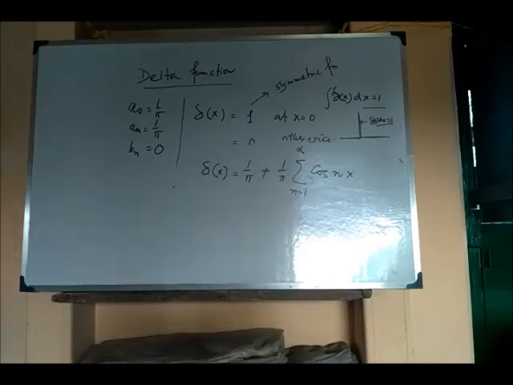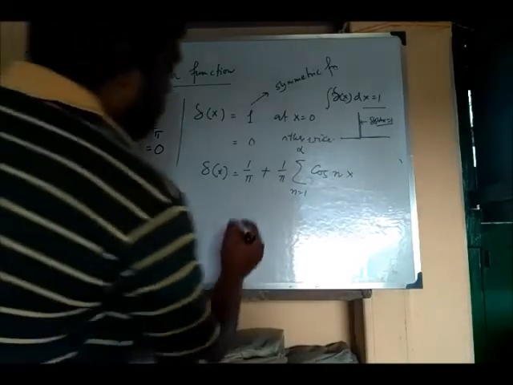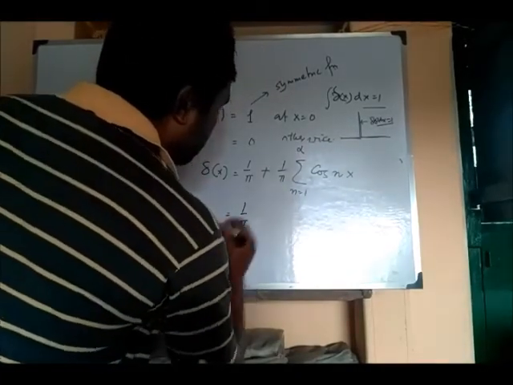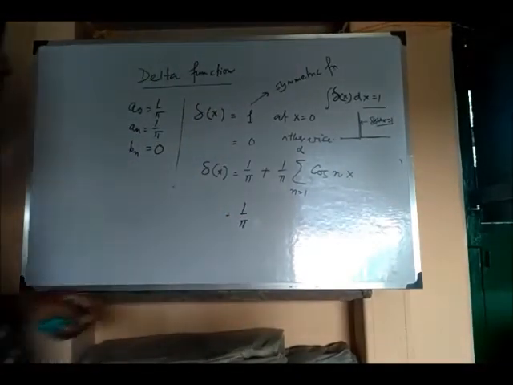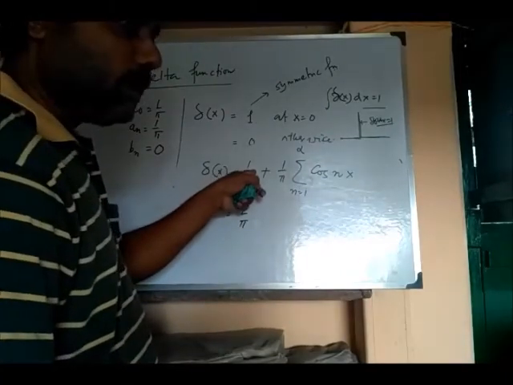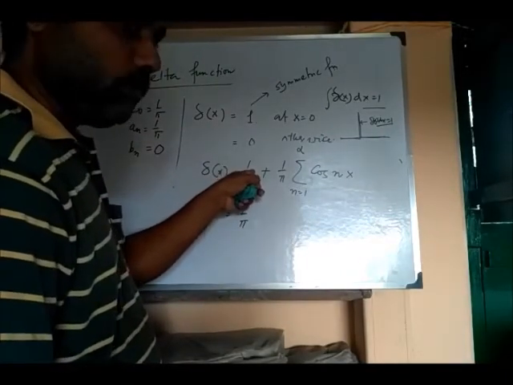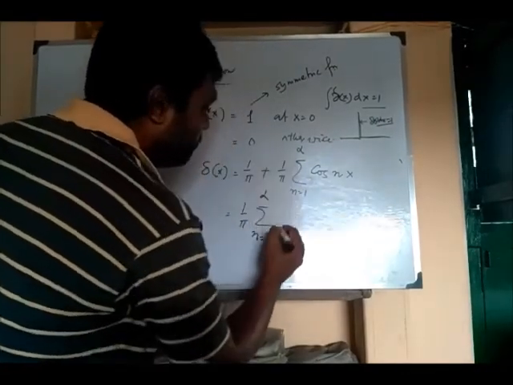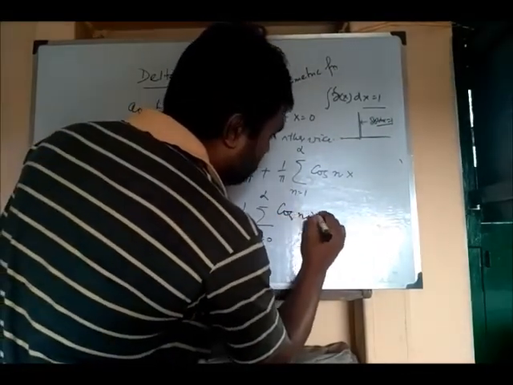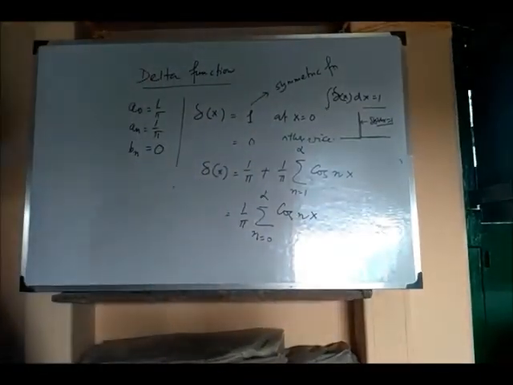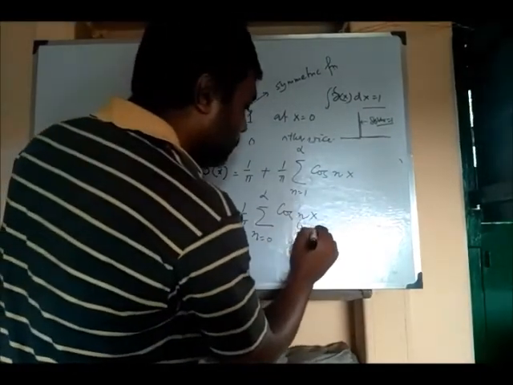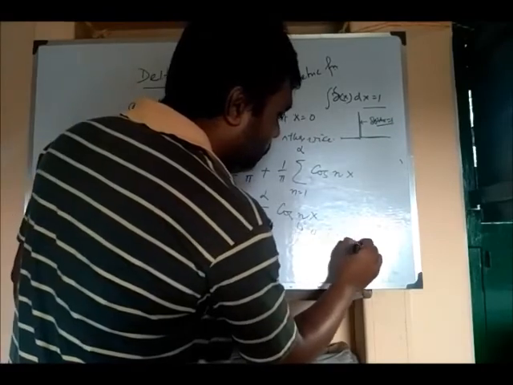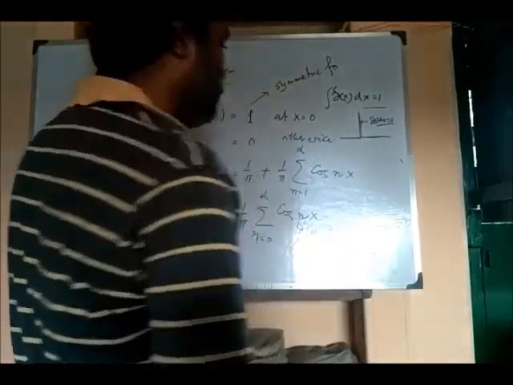Okay, so what you will get is 1 upon pi. Similarly here we can take cos 0 as 1, so the sum from n equal to 0 to infinity of cosine nx. So n runs from 0, 1, 2, 3, 4.